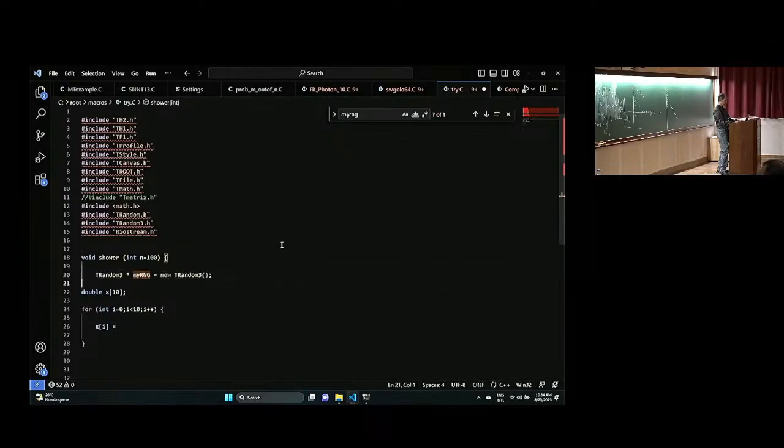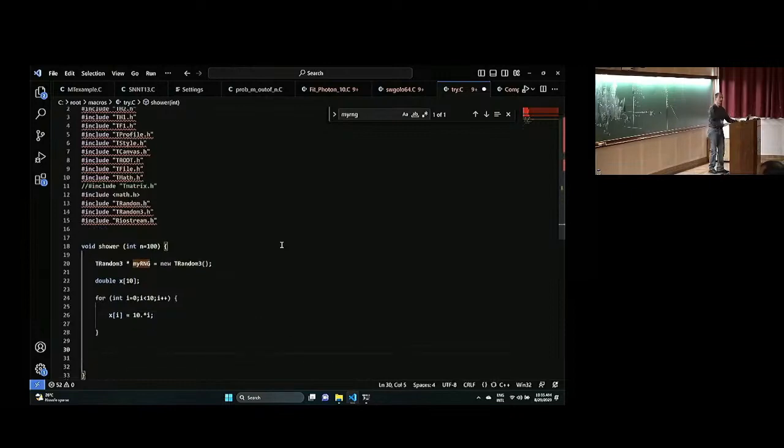So this is an object called TRandom3, and it allows you to generate data according to several statistical distributions. And now I do x_i equals, let's say, 10 times i. Okay, so this will go from 0 to 90. You have 10 detectors now.